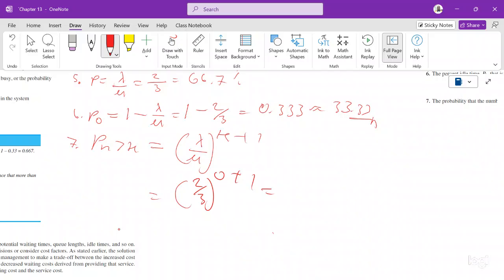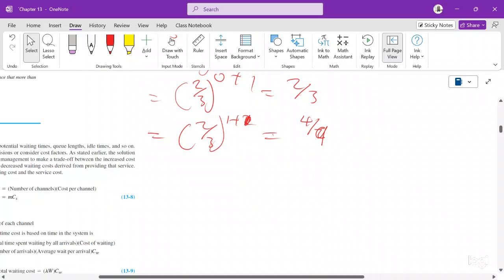When we are saying k is 0, we have 2 over 3, which is 66%. Then now you repeat it, 2 over 3, you put 1 in now, this is 1 plus 1 equals 2. You just change that 1, then it becomes 4 over 9.